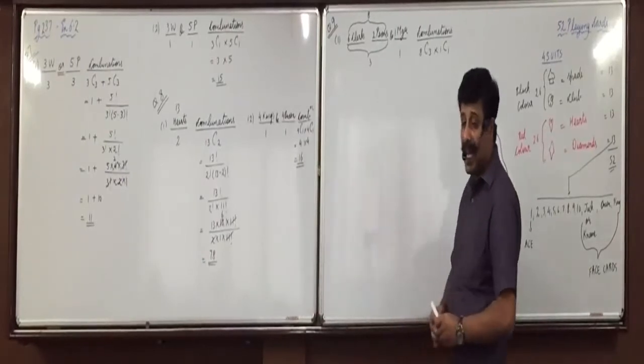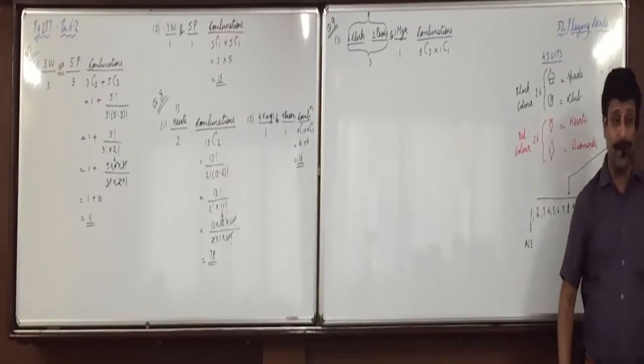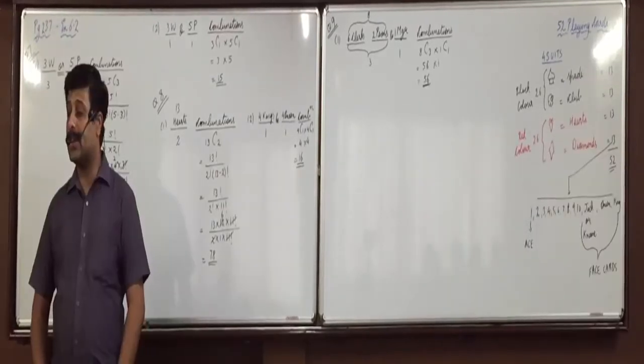Now 1C1 will be directly 1. So you have to do calculations only for 8C3. Try it on your own, everyone. Okay. Able to get 56, everyone?